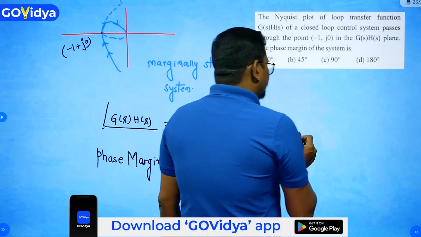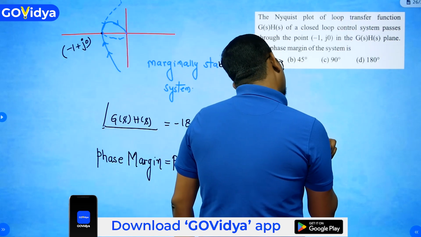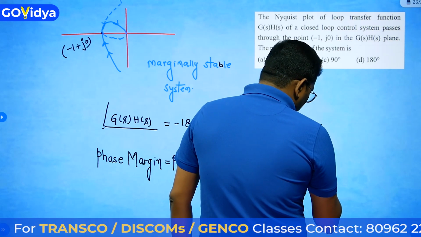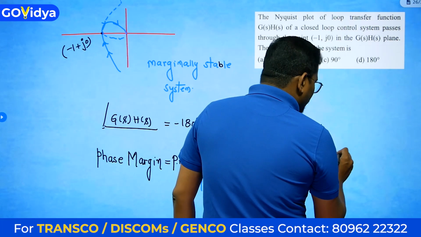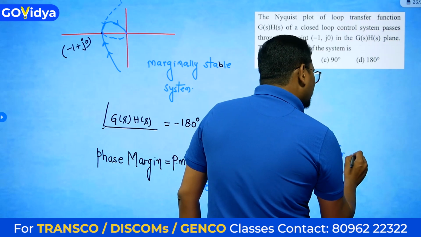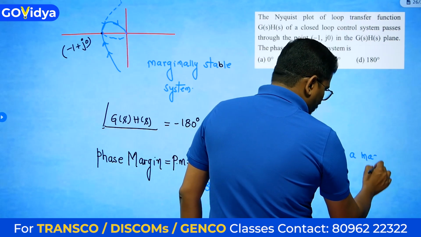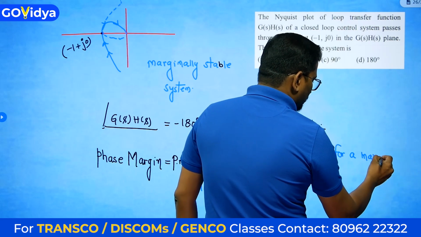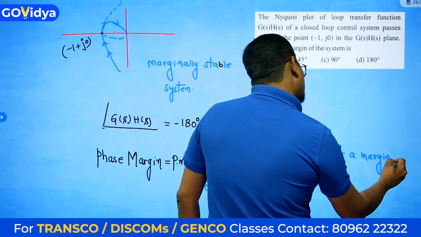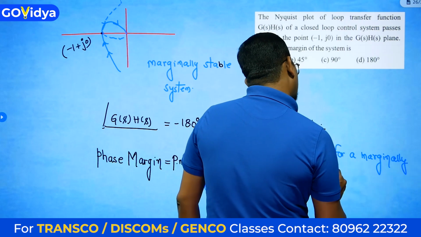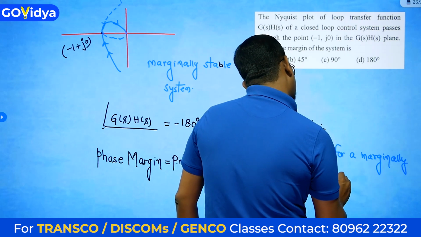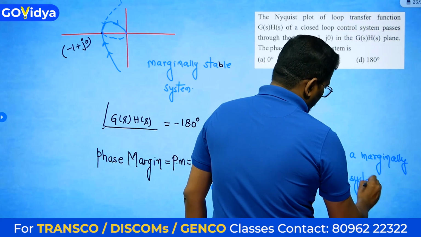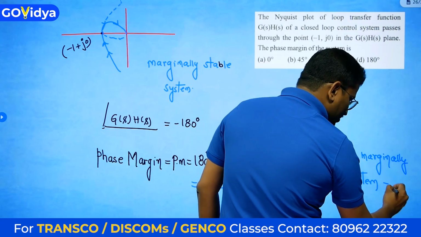Take a note here. Phase margin for a marginally stable system is always 0 degrees.